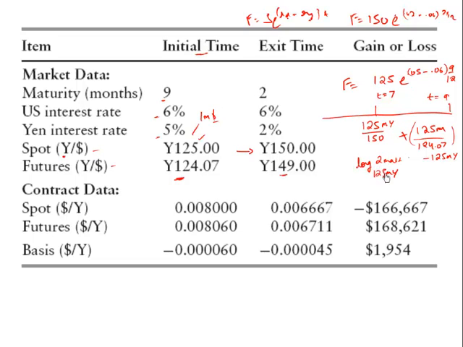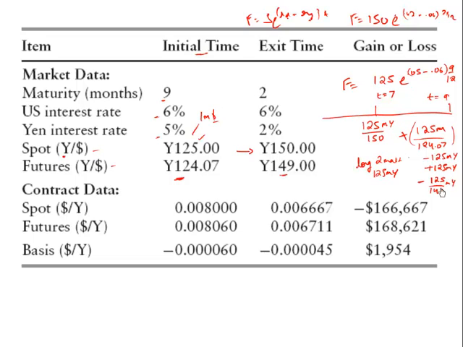If he longs 125 million yen, then he will purchase 125 million yen, and now he will have to pay 125 divided by 149 million dollars. So he is contracted to sell the yen for so much, and he can buy the yen for a lot fewer dollars because the yen has depreciated.